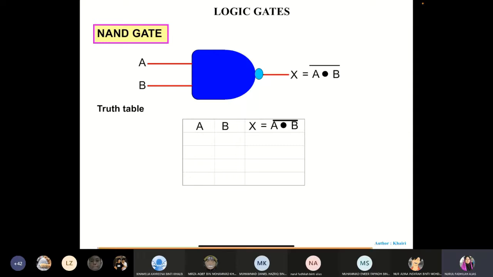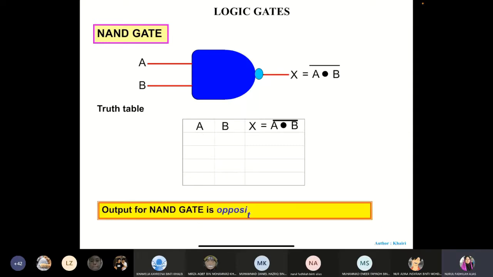So maksudnya if I ask you to draw the truth table, if A is 0 and B is 0, AND says the answer is 0. AND kata if you get 0, 0, you should get 0. But NAND says we barkan jawapan yang tadi. So you will get the opposite of 0, which is 1.